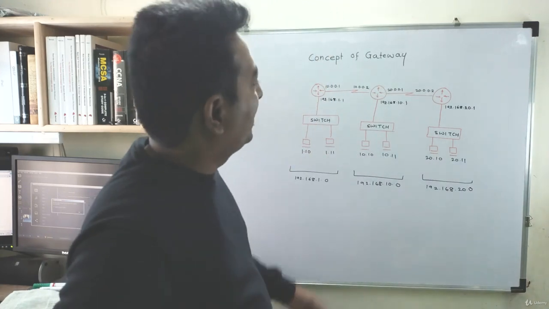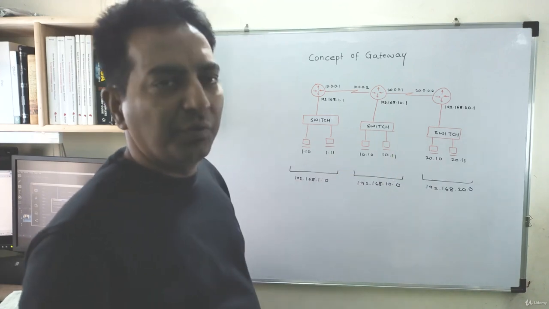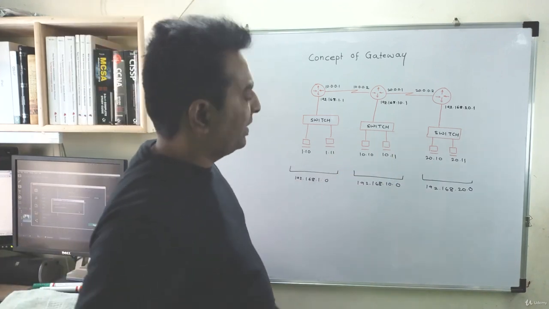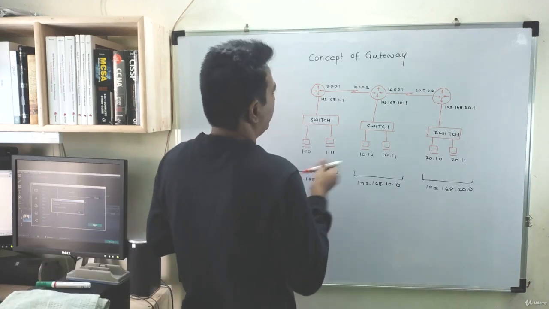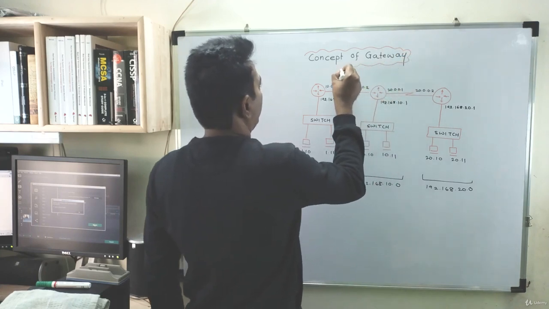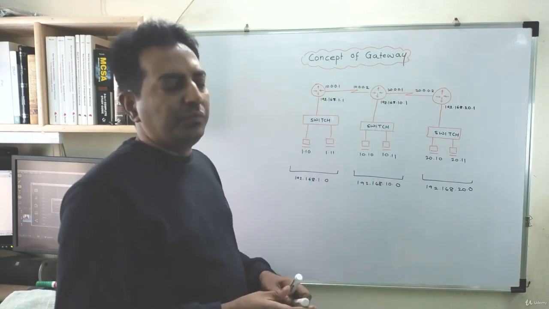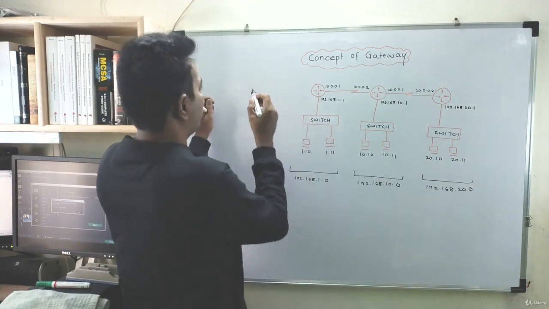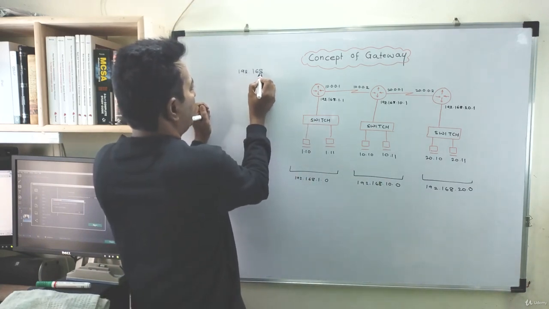So in this particular scenario, I have drawn a simple scenario for your understanding. The topic that we are going to discuss is the concept of gateway. Whenever you assign an IP address to a computer, you always assign an IP address like this.